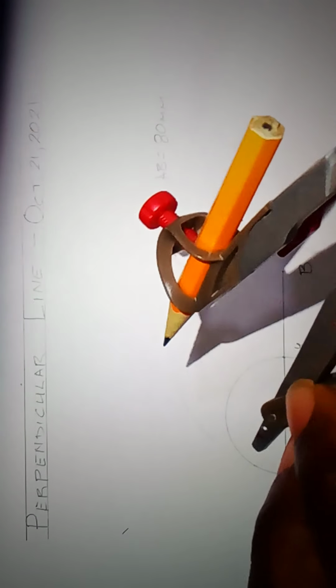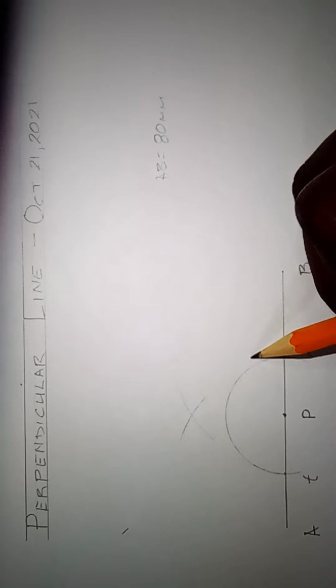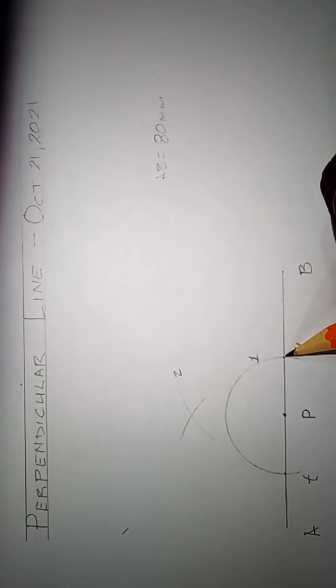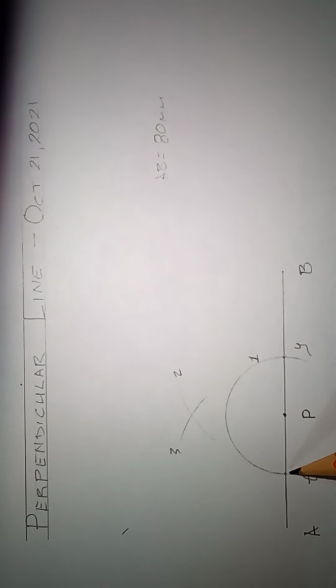I move the point over to T and swing a third arc to cut the second arc. So arc number 1 is this big one. Arc number 2 was taken from center Y, and arc number 3 was taken from center T.